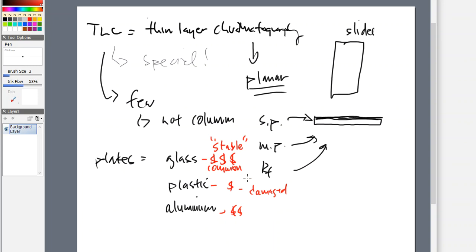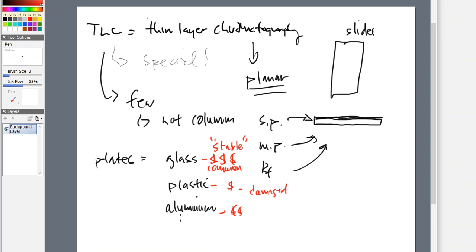And then on top of that, the aluminum is actually going to be a problem. And the reason is because it's the same problem as the plastic ones. They are very flexible. They can be at least. And I can twist them or accidentally turn them or do some damage onto the surface of that stationary phase. And I don't want to do that.